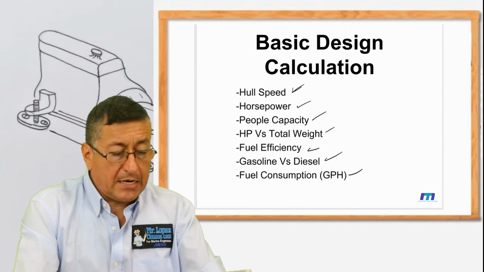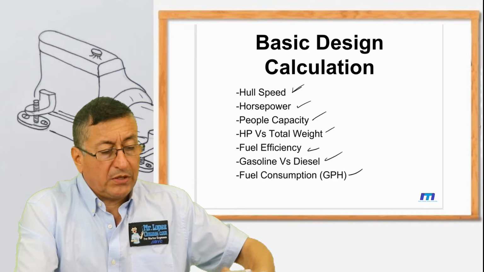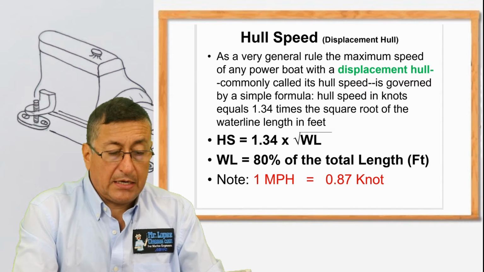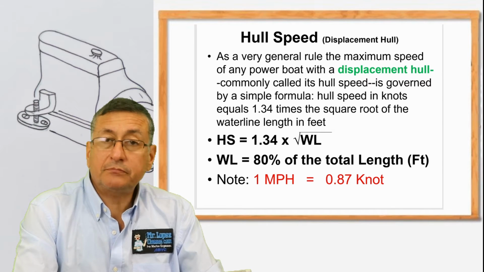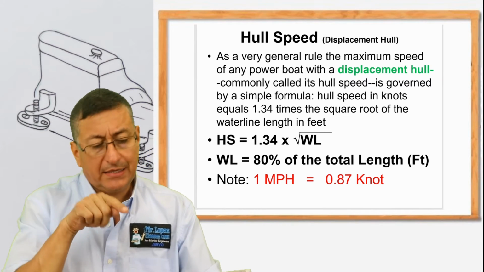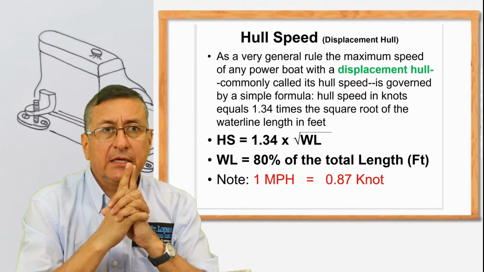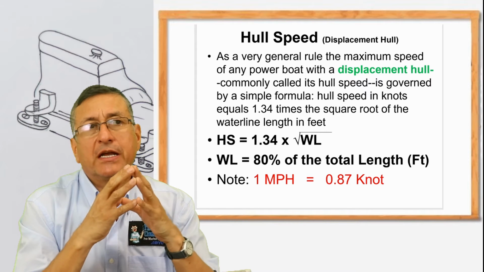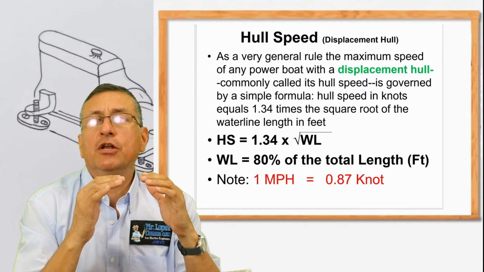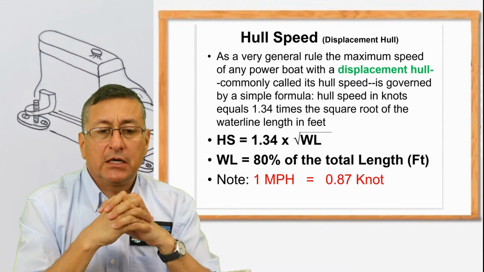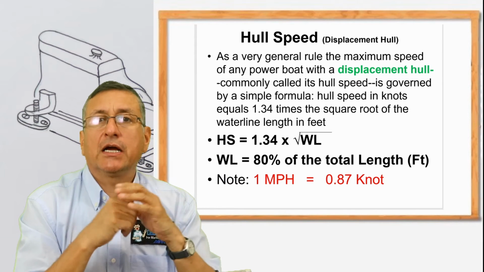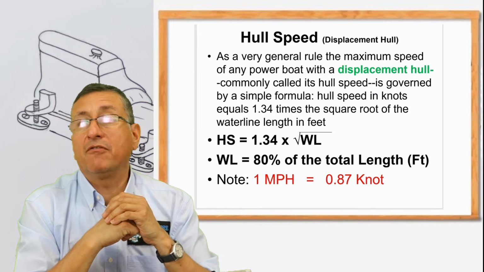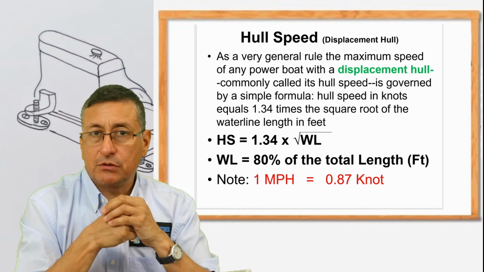Okay, my friends, now we are going to start with the calculation of the hull speed. Normally, this is the speed recommended by the manufacturer in order to avoid critical consequences, in order to avoid that the hull be affected or crack from vibration.